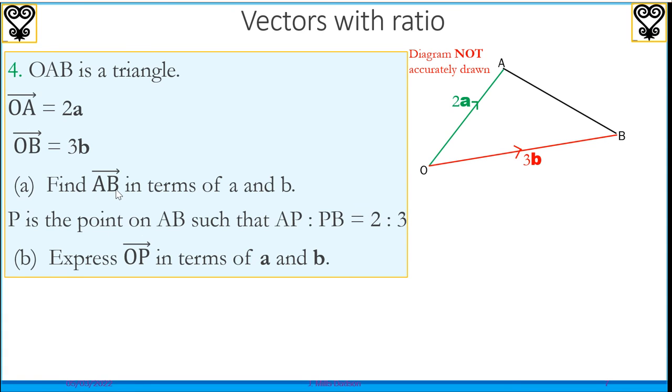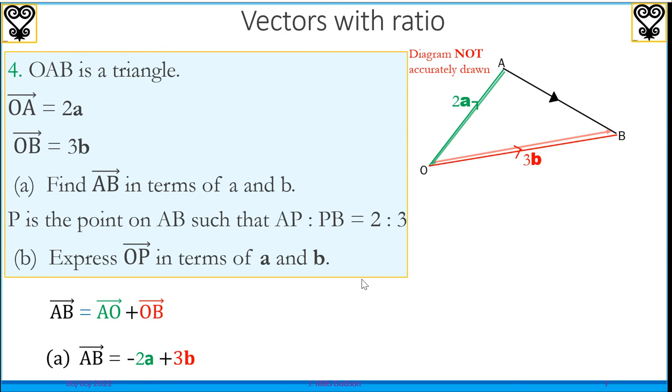We are supposed to find AB in terms of A and B. So going downwards, we can have it as AO and OB. Vector AO is against the vector 2A. So we're going to have AO as negative 2A, then plus 3B, or 3B minus 2A, whichever is correct.